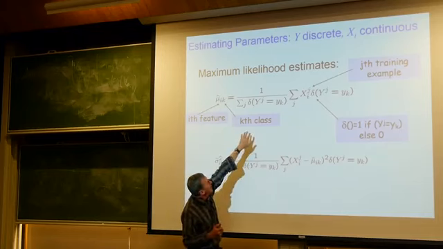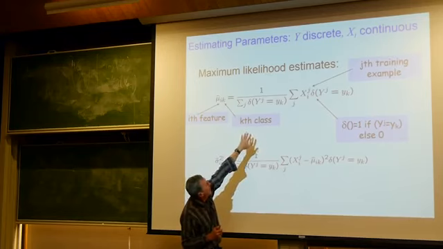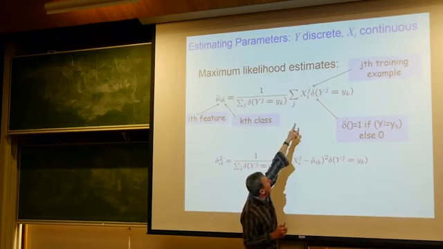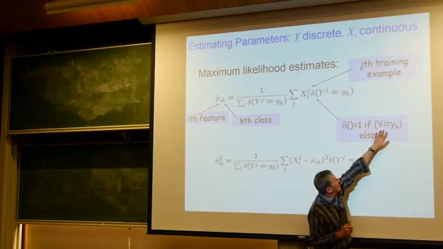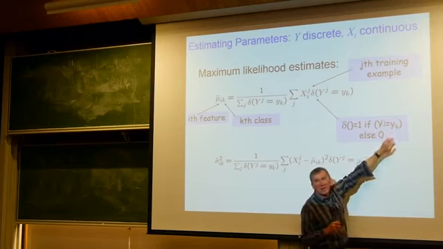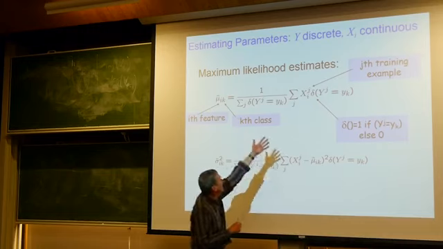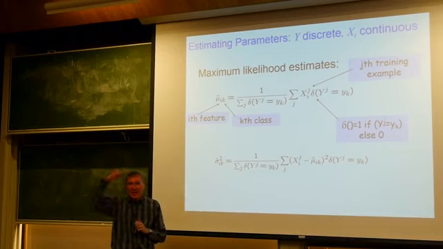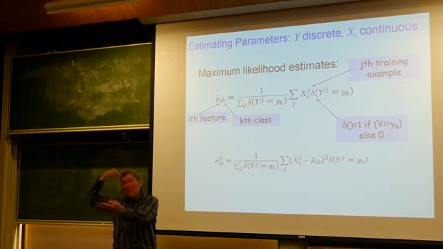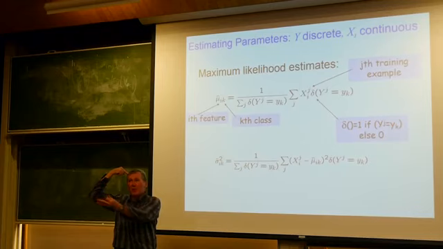The way to estimate the mean is just to take the sum of all the x values that come from training examples where y does equal the kth value, and literally just calculate the mean of the brain activity in the ith location from examples that are labeled as y equals 1.